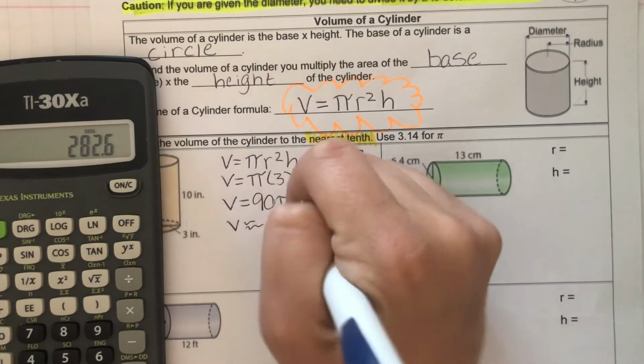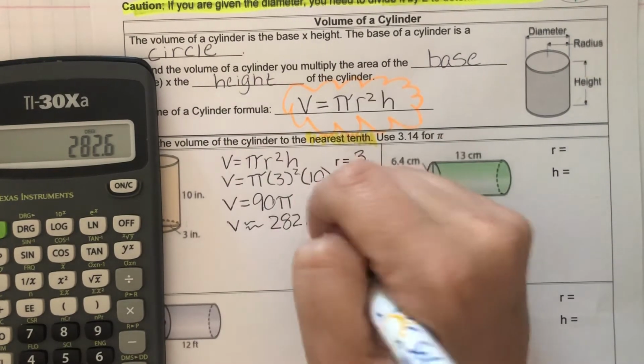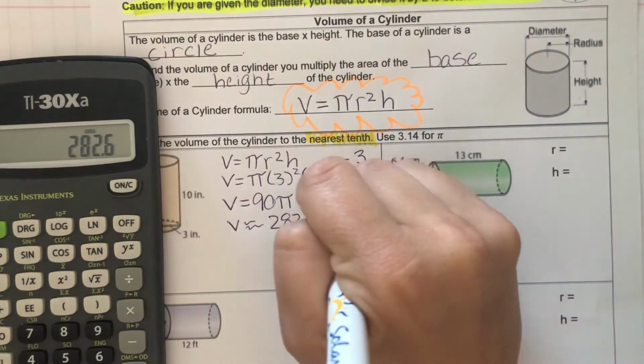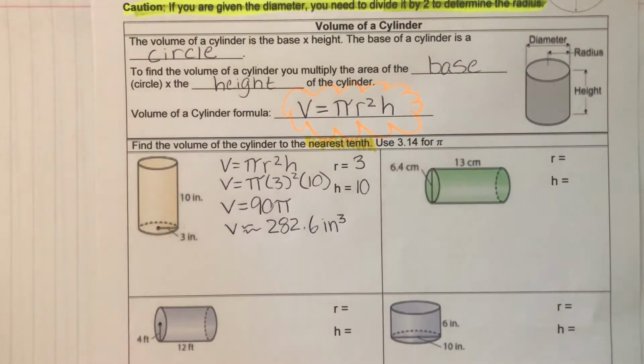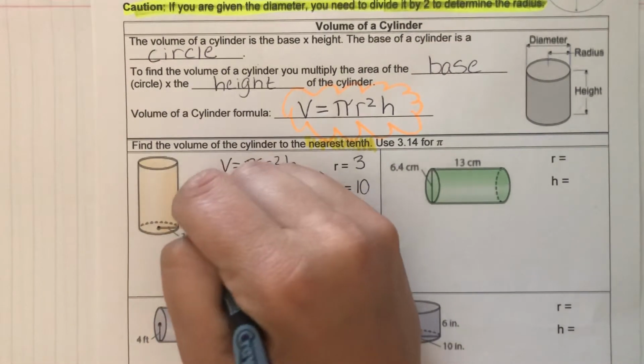Do not forget your units. Remember when we are talking about volume, that is cubed. So it's 282.6 inches cubed, or cubic inches. And that is our answer.